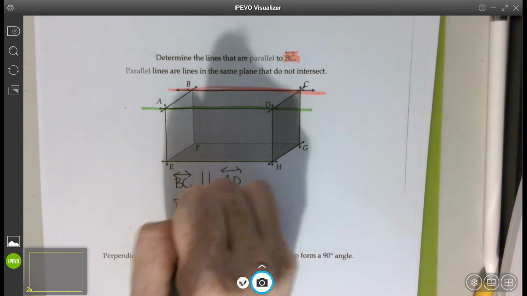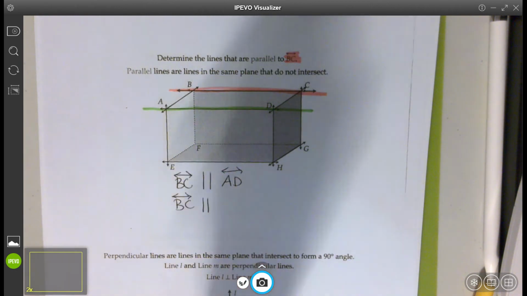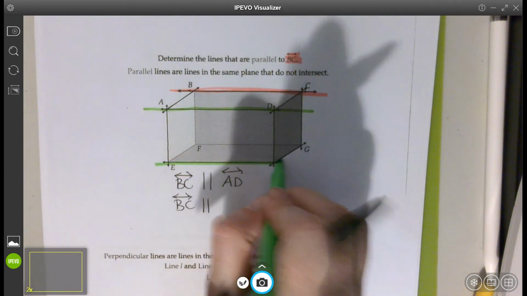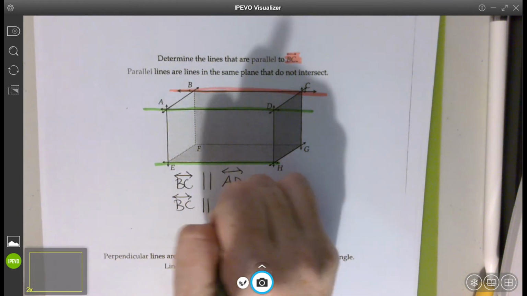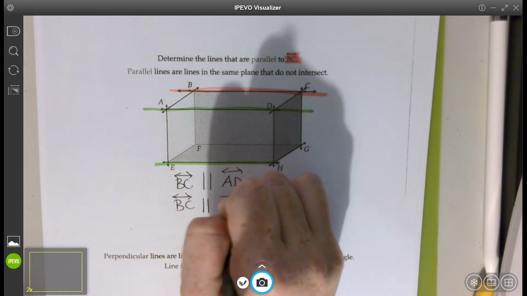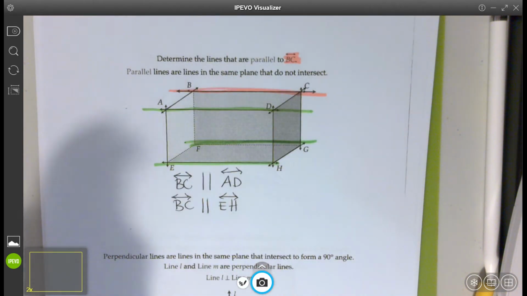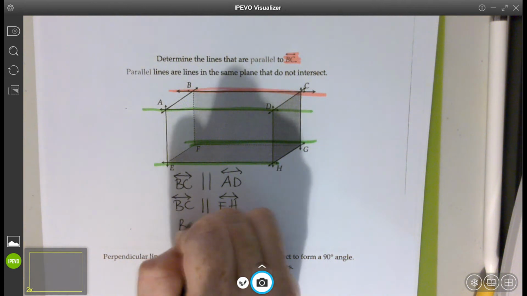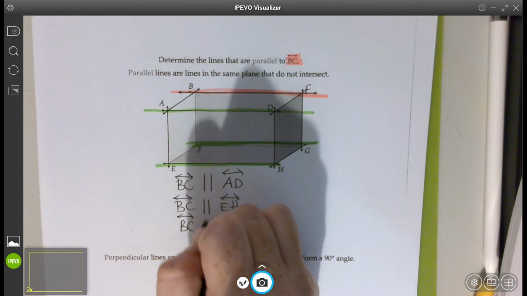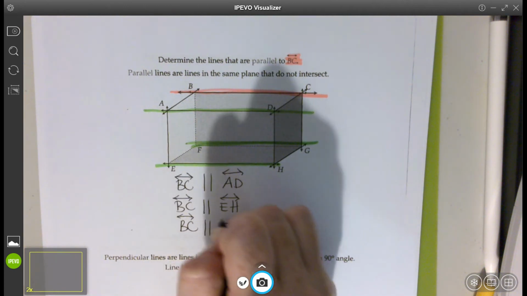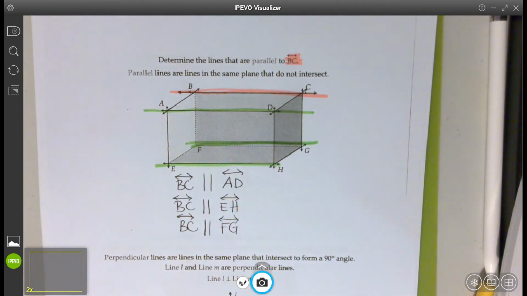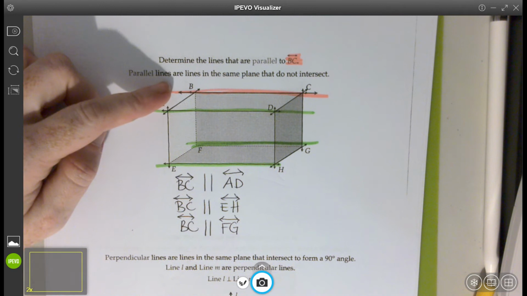Then I have BC is parallel to EH. And then the last one, BC is parallel to FG. So those are my three pairs that are all parallel to my starting line, the pink line that they gave us.